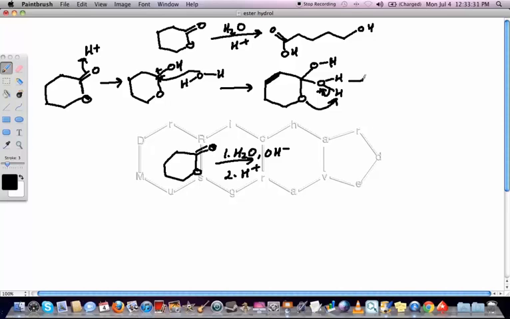Alright, so now we've got that. And now we can reform the C double bond O and kick out the leaving group. So it's really no different to what we've already done.